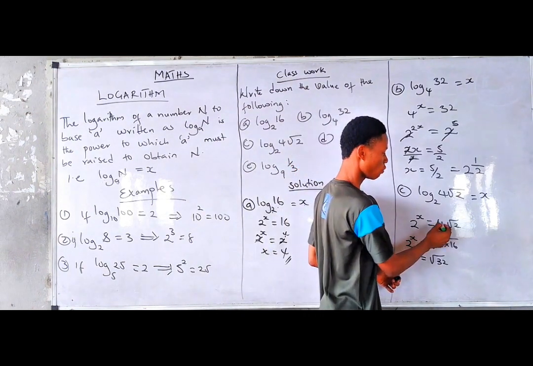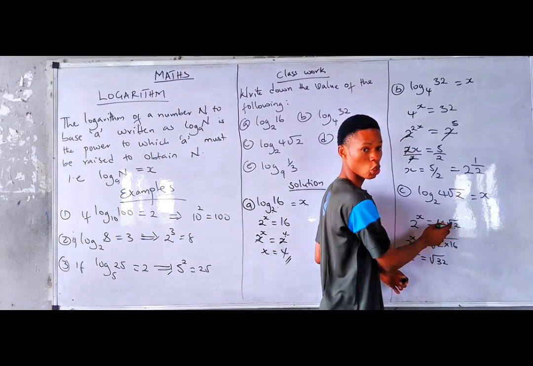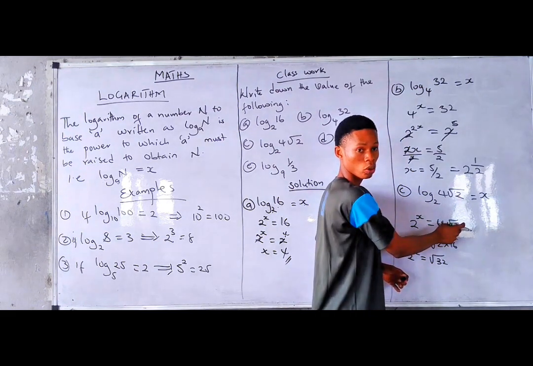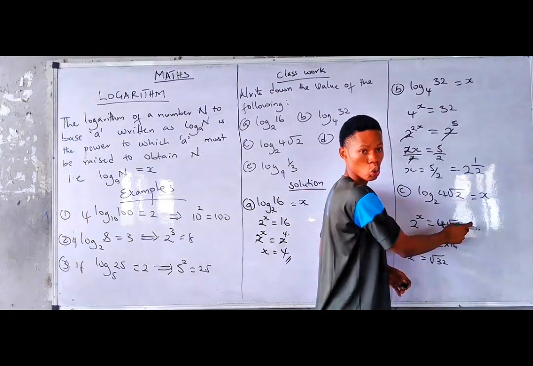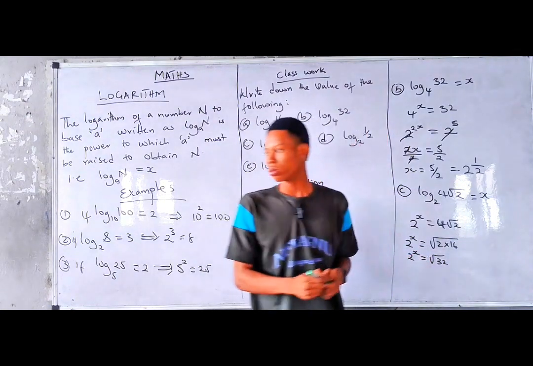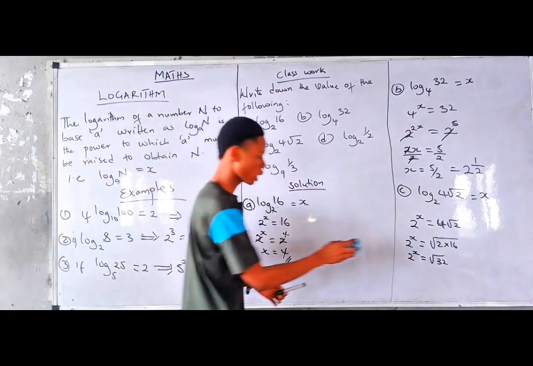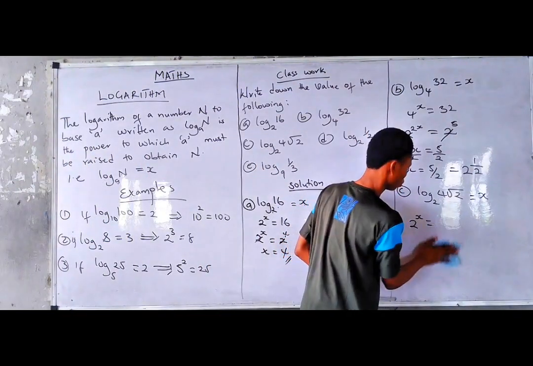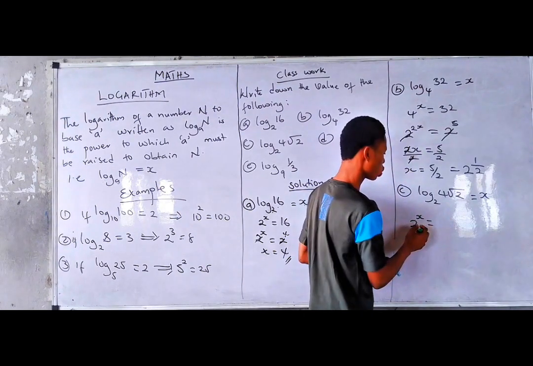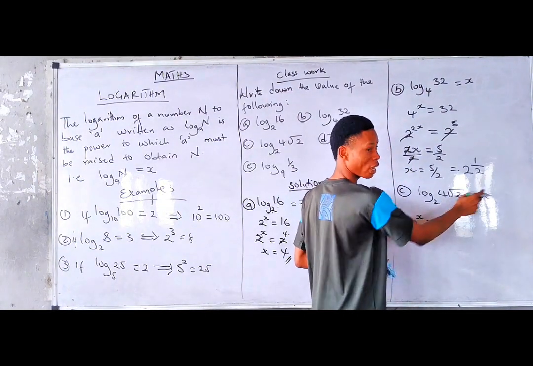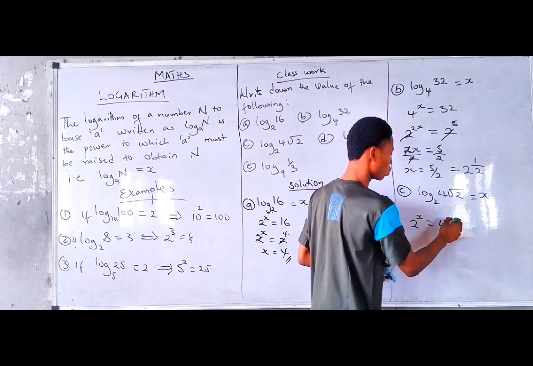This is 4, right? The 4 is outside the bracket, right? This is not 4 to root of 2. This is 4 times root 2. See what I mean here? This is 2 raised to power x will give us 4 root 2.